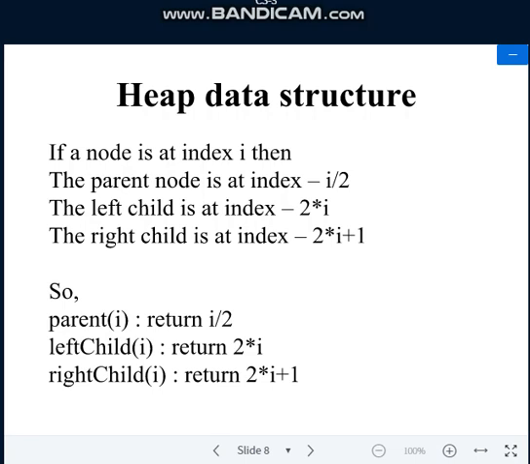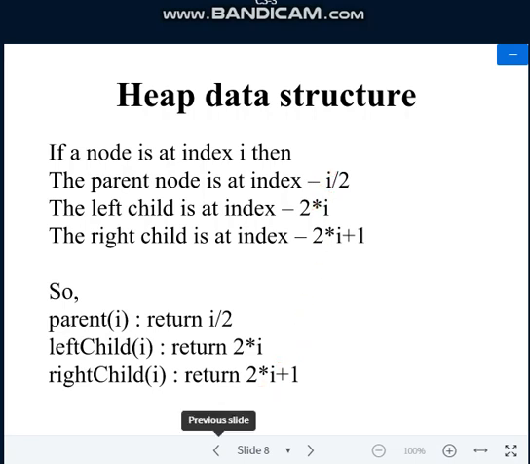If a node doesn't have children, we keep it blank because we complete level by level. So if a node is at index I, where will the parent node be present? It is given that the parent node will be present at the I by 2 location.